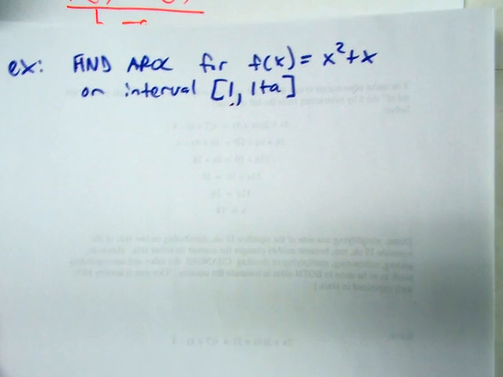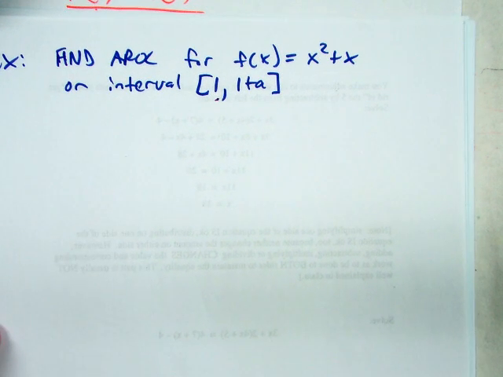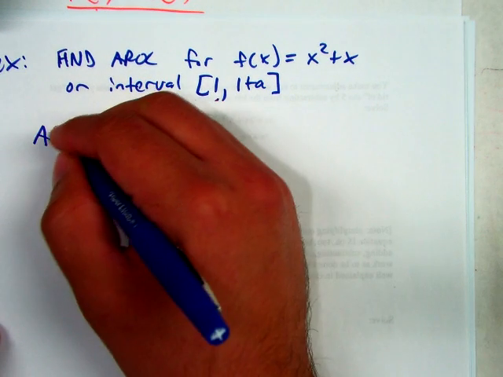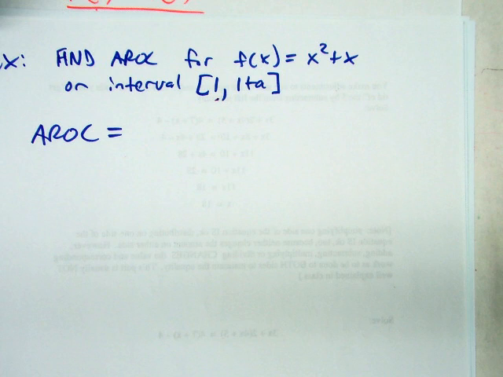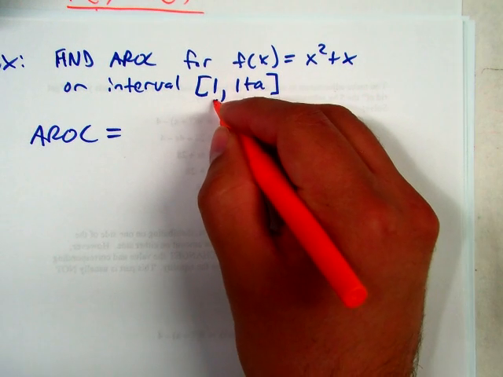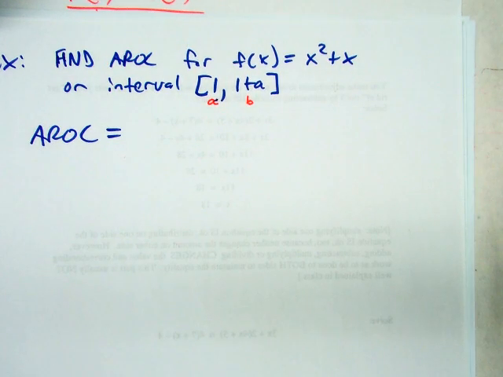It might look a little intimidating at first, but it's the same thing that we just did, right? How do I set it up? What's a here? So a is 1 and b is the 1 plus a value, right?